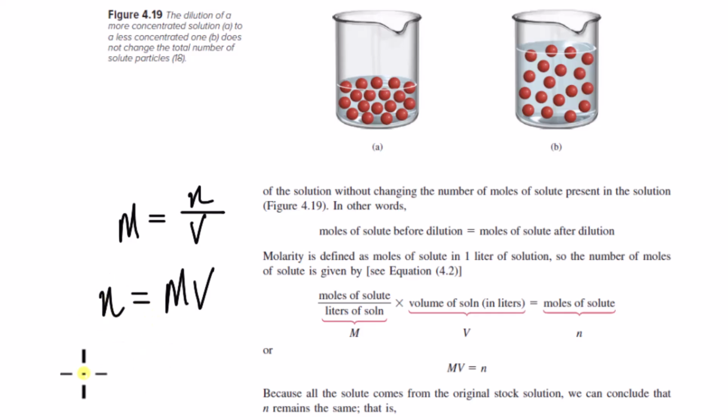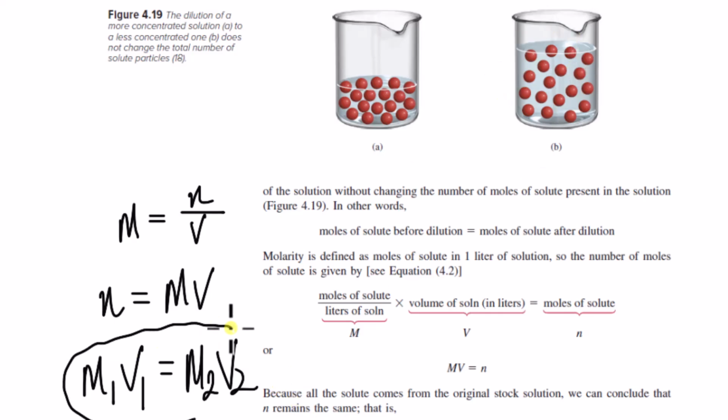What that means is that M1 V1, the molarity times the volume of the highly concentrated solution, is equal to M2 V2, the molarity times the volume of the diluted solution.